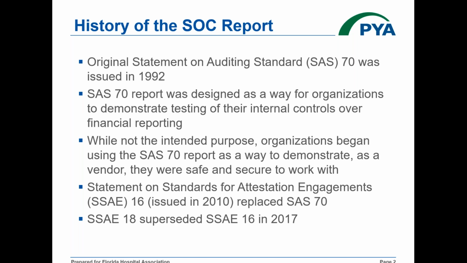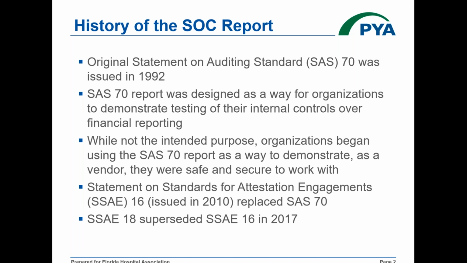So with that, going back to 1992, the AICPA issued a Statement on Auditing Standard number 70, which created a new type of report that was designed for organizations to demonstrate testing of internal controls over financial reporting. I want to key on two things I just said there.